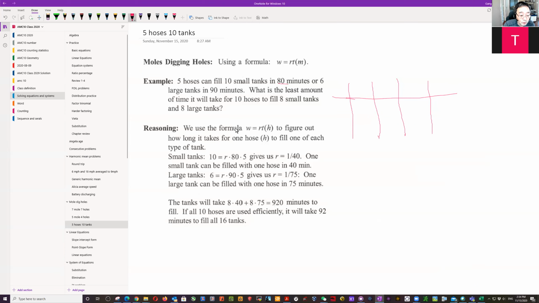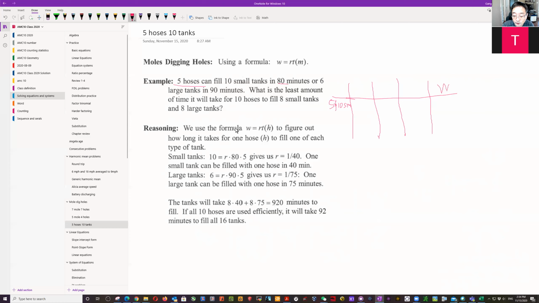So first, 5 holes can fill. So basically, this is case 1. This is the 5 holes case for 10 small tanks.